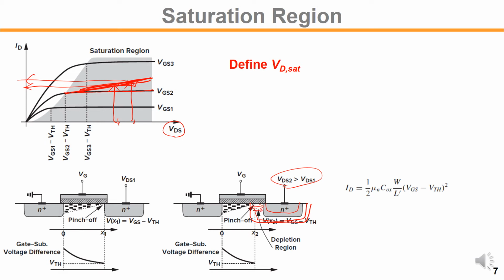You are actually modulating the depletion region with more drain voltage, and you also get a stronger electric field. If you make the drain higher and higher, your reverse bias gets even higher, with more depletion region. So the depletion region gets wider, and the electric field is stronger.